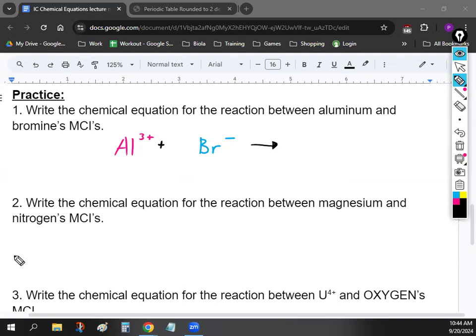How many bromines do we need in total? 3. So we're going to put a 3 in front of Br-. And we don't need any more Als, so we just need one of them. So we're just going to put a 1 in front. Okay, so all we're doing is communicating the 2 ions that we need and how many of each we need. So 1 Al3+ and 3 Br-.